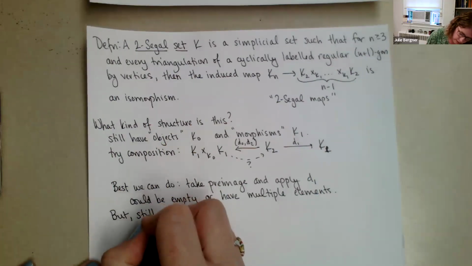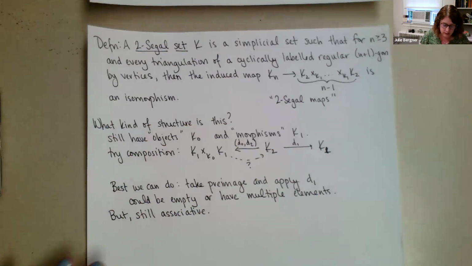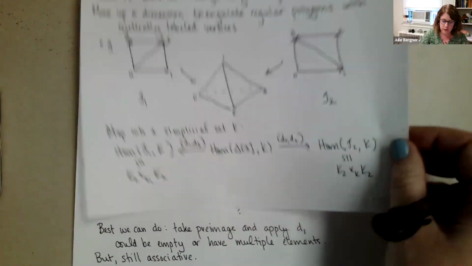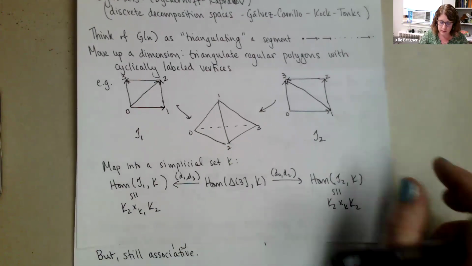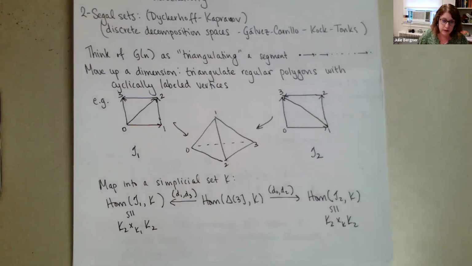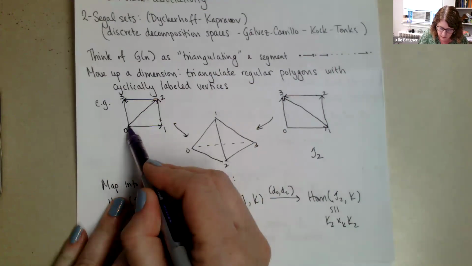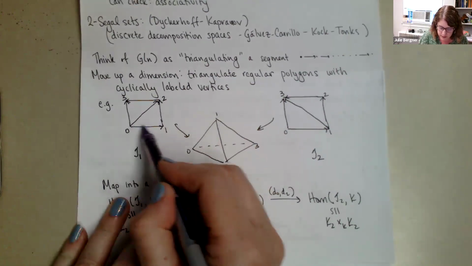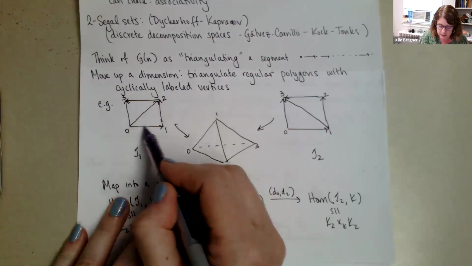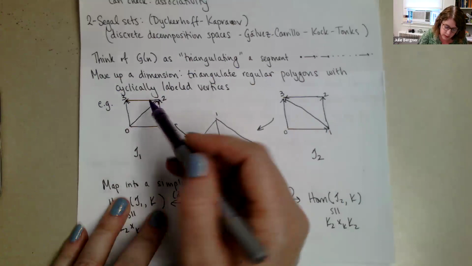Okay, but it is still associative. And the best way to see that, I think, is just by going back and looking at this picture. If you think of the boundary here, going from 0 to 1 and 1 to 2 and 2 to 3, that's a string of three what we'd like to be composable arrows.